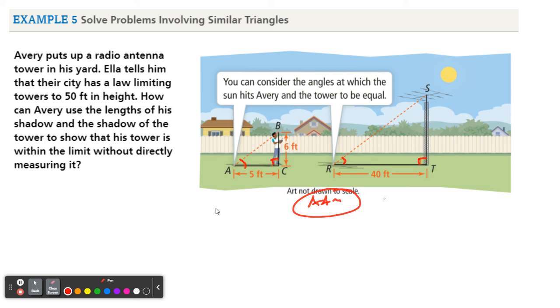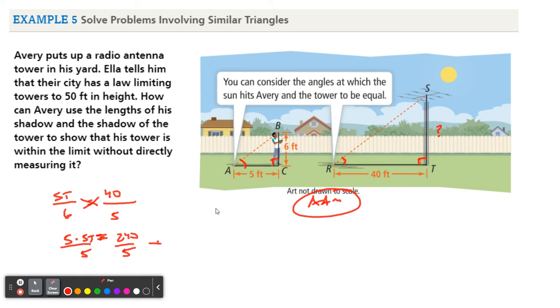So now we can set up a proportion to find this missing height and verify that it's less than 50 feet. So I'm going to say that ST corresponds to this height, which would be BC, or we could just put 6. So ST over 6 equals, now go back to the big triangle, 40, and 40 corresponds to 5. And there's our proportion. Cross multiply, 5 times ST equals 6 times 40, which is 240.